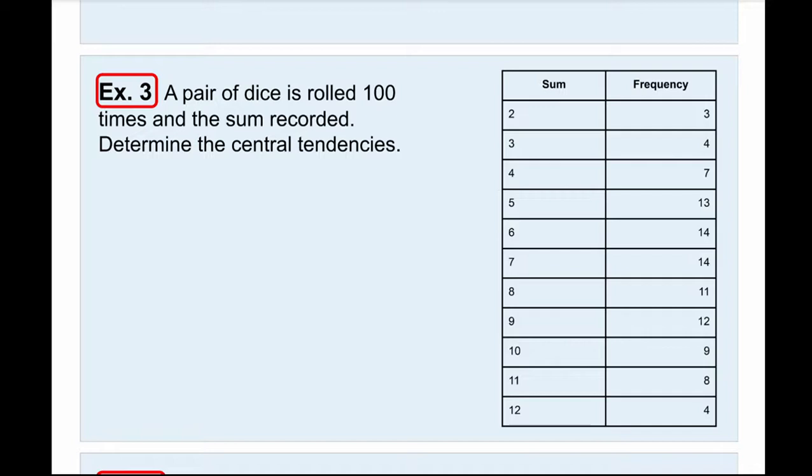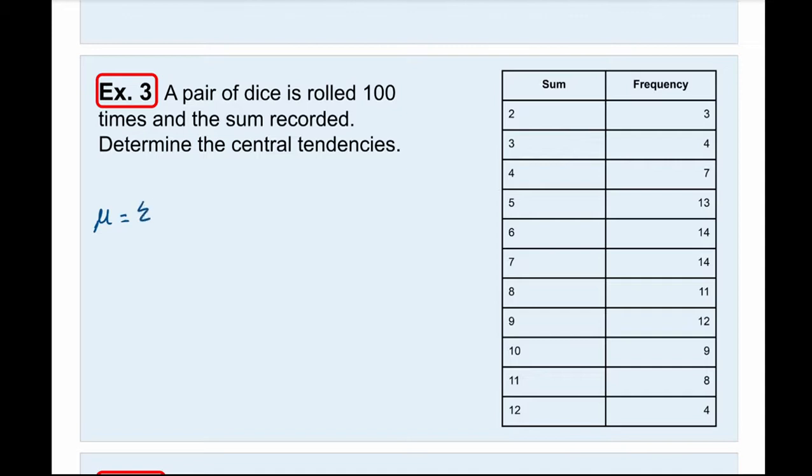This one's going to be a little bit different, because when I'm calculating my mean, I have to take into account some other factors. Because I have a frequency, this is going to be very similar to what we would have done with our weighted means that we looked at before. But if I want to find the mean, I'm going to consider this my population.